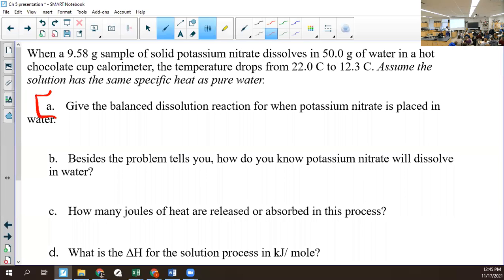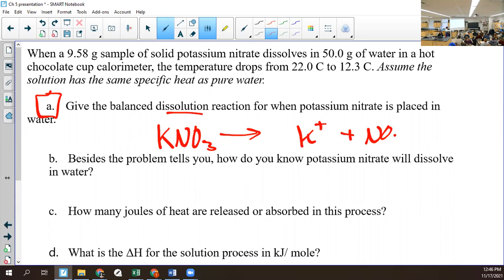Okay, so A is the one everyone's struggling with. When things dissociate, it just means they break apart. So there's no reaction. There is sort of a reaction. It's called the dissociation reaction. KNO3 goes to K plus and NO3 minus. That's all you have to do. I know that you want to put water in there, but it's not reacting with water, right?